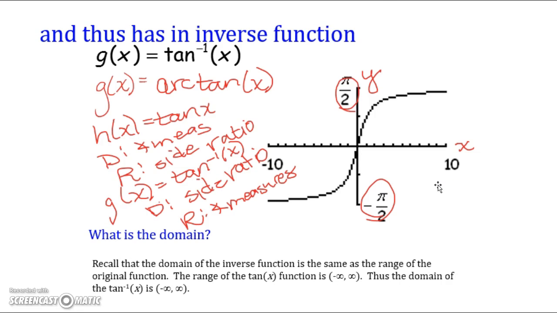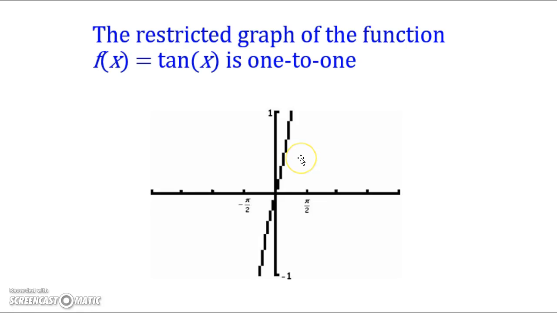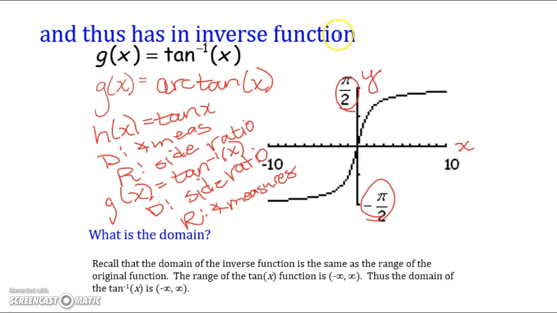So the domain for the tangent function is all real numbers. If we reflect this graph over the line y equals x, then that piece has a horizontal asymptote at pi over 2, another horizontal asymptote at negative pi over 2, and this goes on to positive infinity, and this goes down to negative infinity.